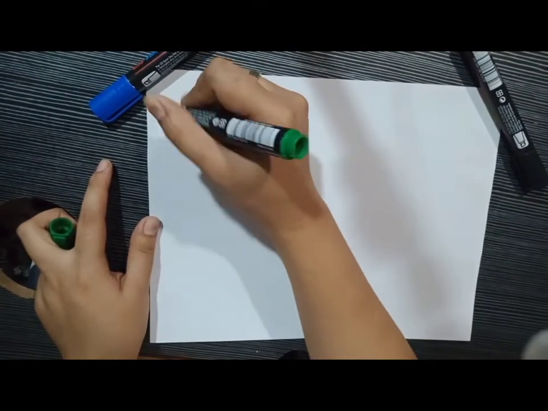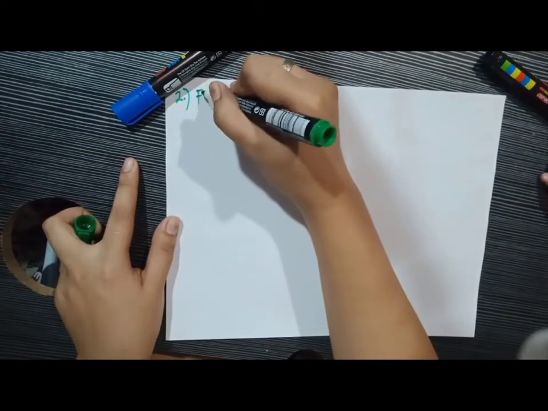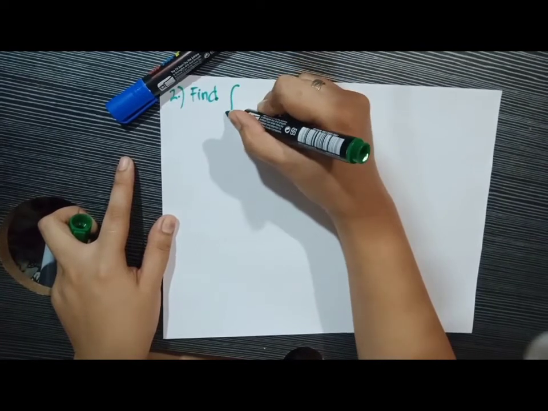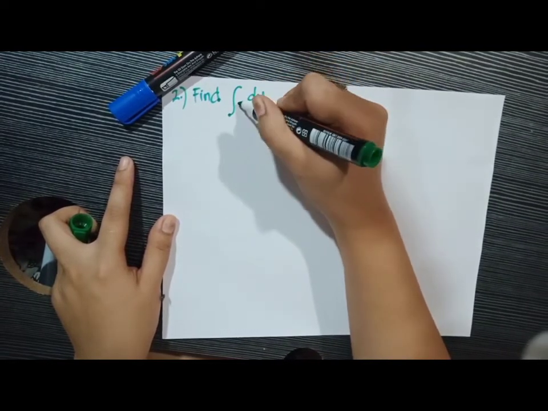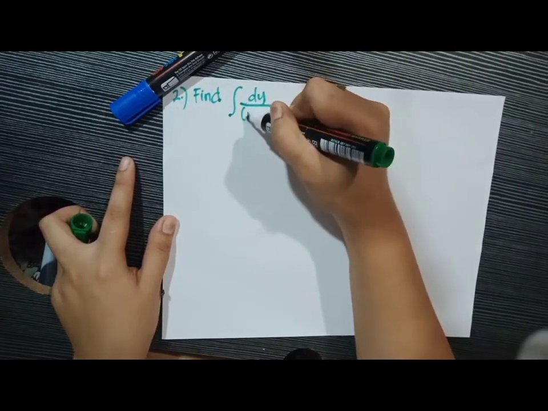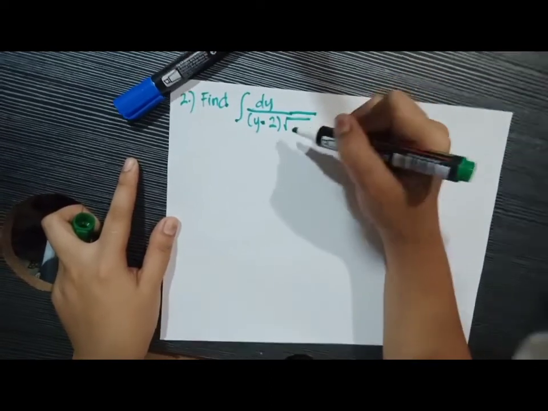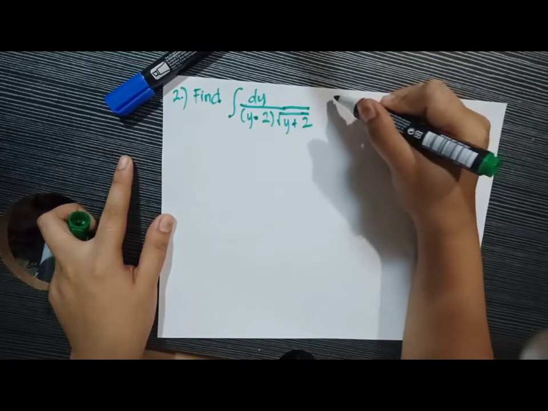For example number 2, find the integral dy over y minus 2 times square root of y plus 2.